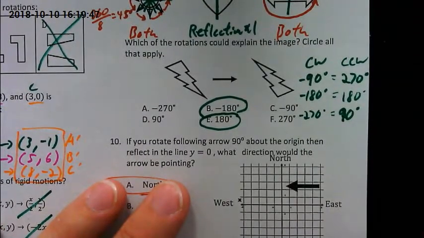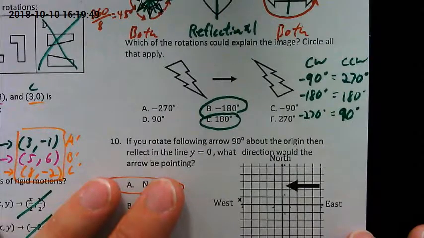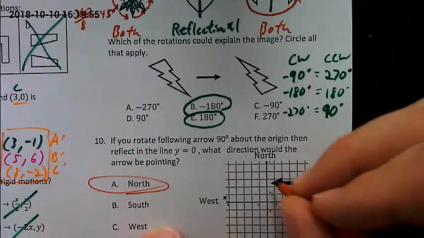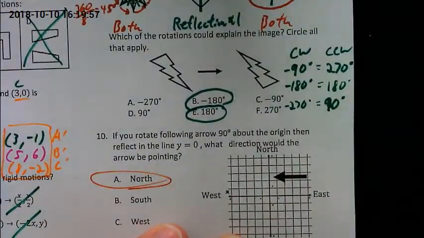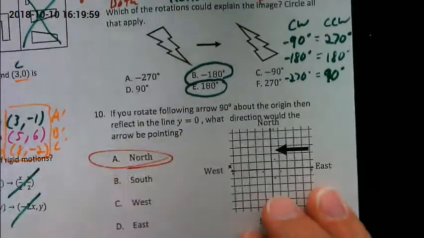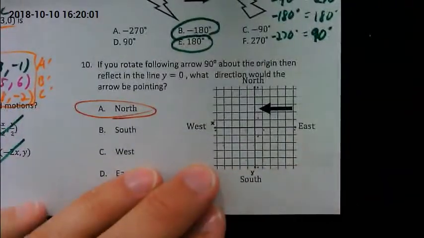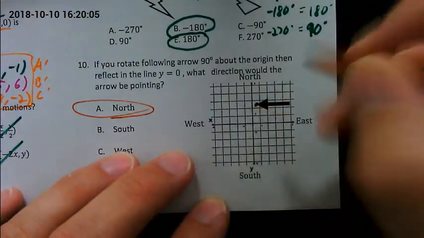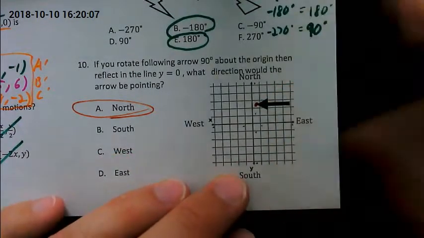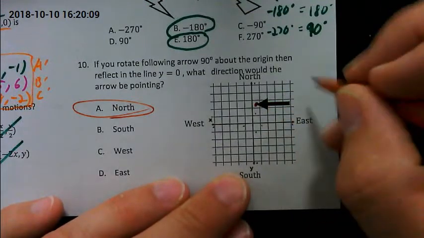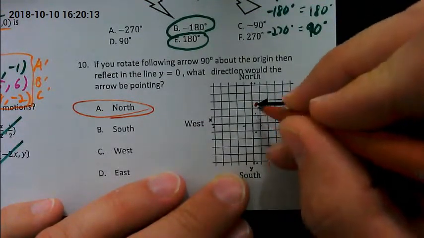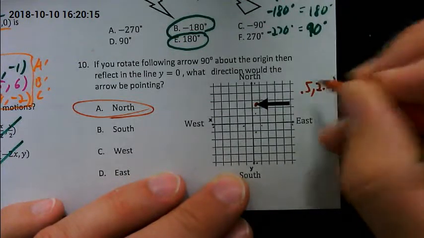If you want to double check that, listen, we can use coordinate points to double check this, right? Look, if I took a point, again, I showed it first through just moving the image, but you can use coordinate points. So this point at the tip of my arrow is at, let's call that, 0.5 and 2.5.